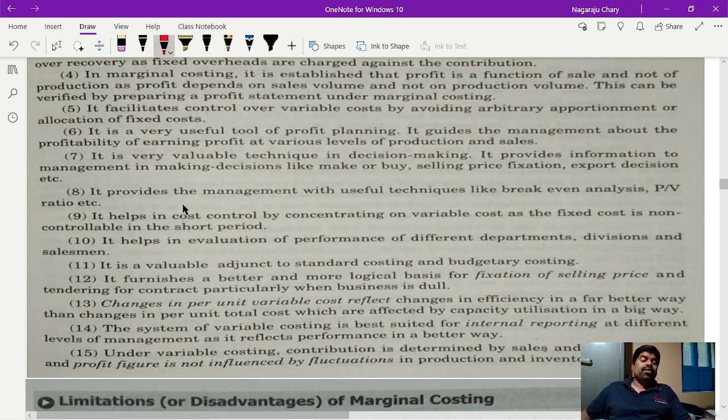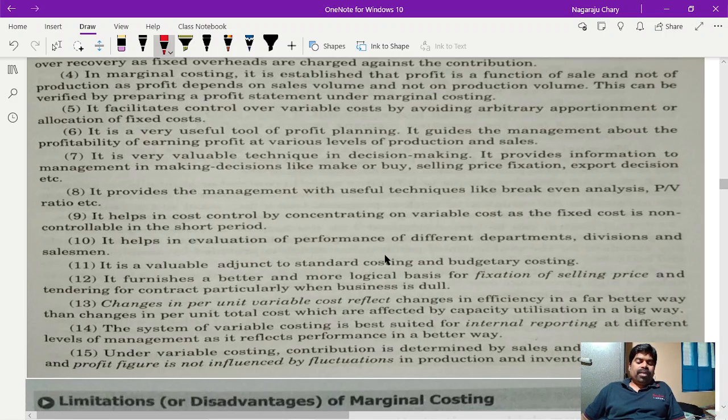So it helps in cost control by concentrating on variable cost, as fixed cost is non-controllable in the short period. So it is non-controllable to the management. Cost control is very useful to the management. It helps in evaluation of performance of different departments, divisions, and the salesmen.